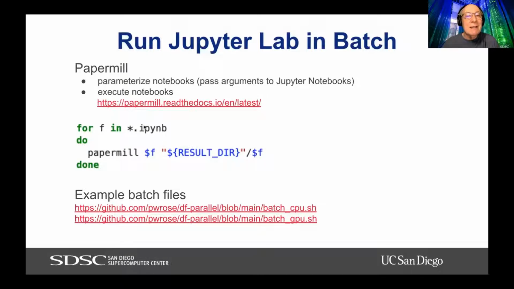And this is a snippet that I cut out of one of my scripts here. This is the way it works: I have a directory of notebook files. I loop over all the notebook files and then say run Papermill with that notebook as input. And then it creates an output file, which is also a Jupyter notebook, but it's the executed Jupyter notebook with all the output in it.